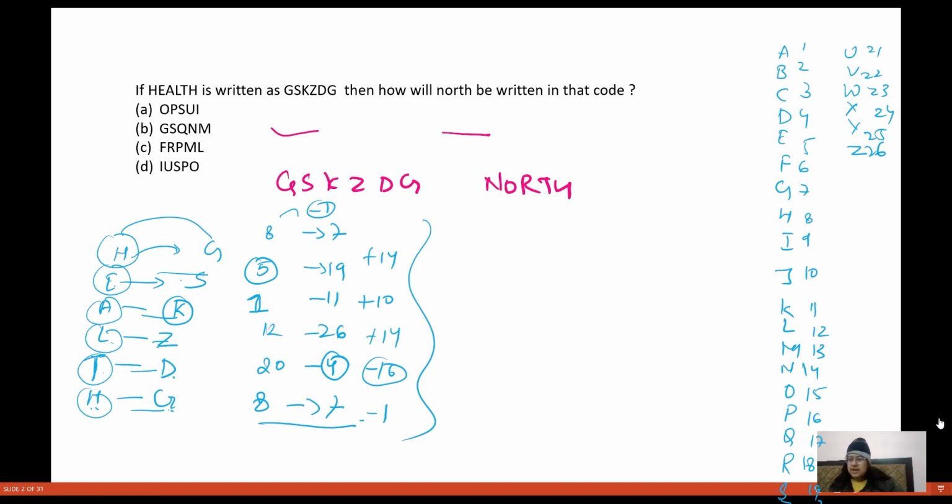So what I am trying to do here, basically I am taking this health and I'll flip this word. Because I am getting no other logic, I'll flip this word because I see that if H corresponds to G, E corresponds to D, A corresponds to Z, L corresponds to K, and T corresponds to S, then it will make sense.